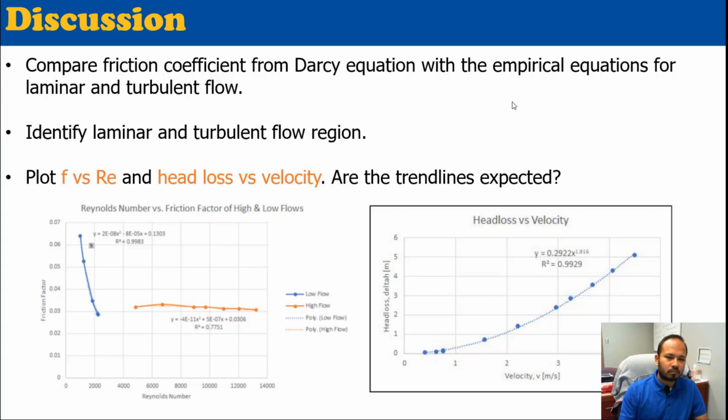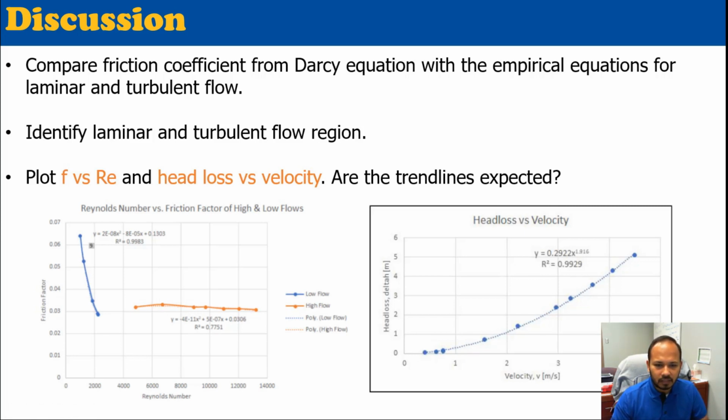And you have to identify the laminar and turbulent flow regions by plotting the friction coefficient versus Reynolds number. You see this looks like the Moody diagram. For laminar, you see a steep drop. For turbulent, it drops slowly. So this is in accordance with your Moody diagram.